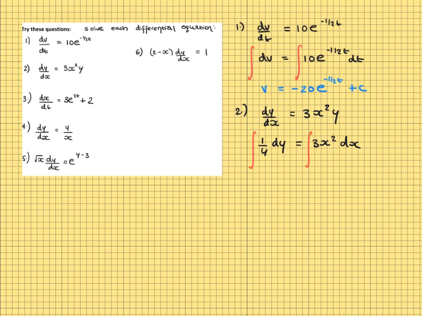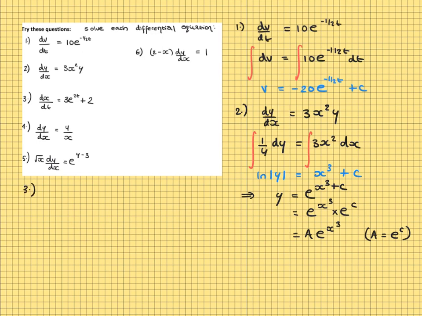This then gives us ln mod y equals x cubed plus c, and I can do a last step of rearrangement, y equals e to the x cubed plus c. Now this is one of these questions where you're quite often asked to then split up the exponential like this and then rewrite in this format here where we've let a equal e to the c.